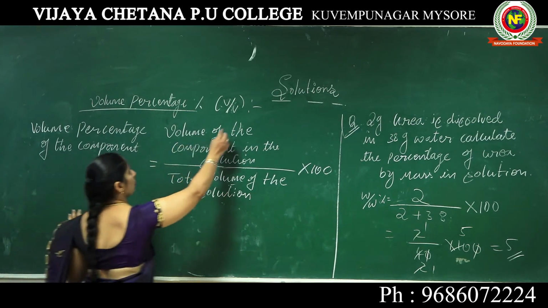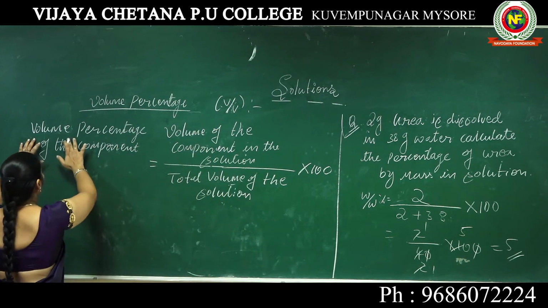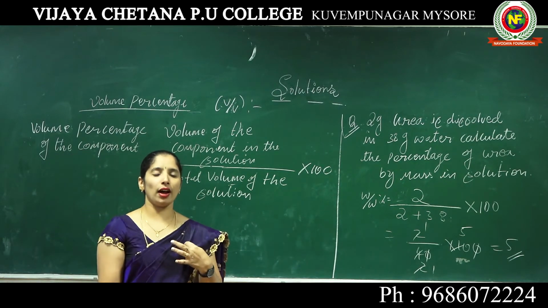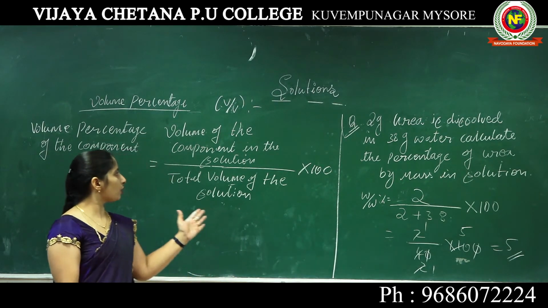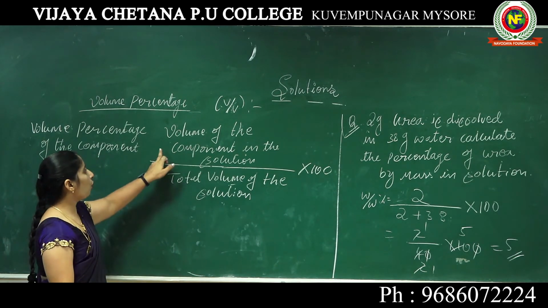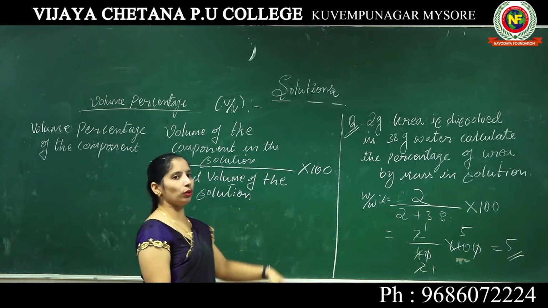The volume percentage V by V. How do we define the volume percentage of the component? Same as mass, in the place of mass we replace the volume, that's all. It is the volume of the component in the solution by the total volume of the solution into 100.